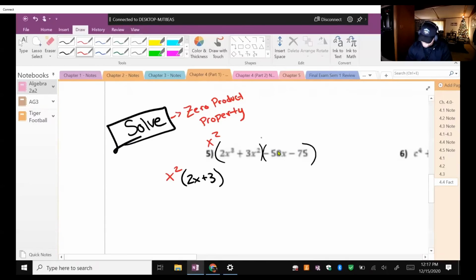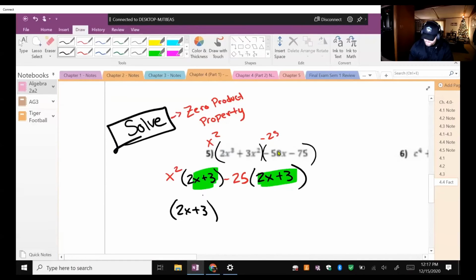I have to factor out a negative 25. If I factor out a negative 25, I'm left with 2x plus 3 on the inside. We have the same binomial, so we can factor it out front, times x squared minus 25.